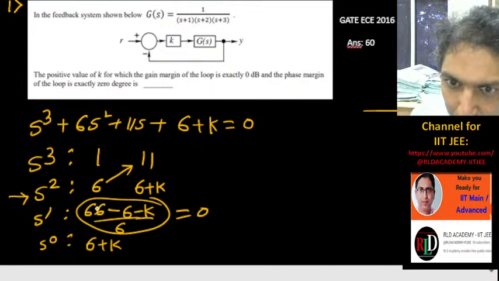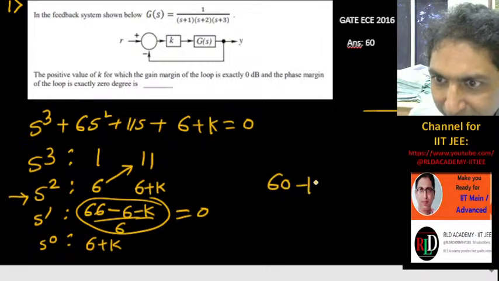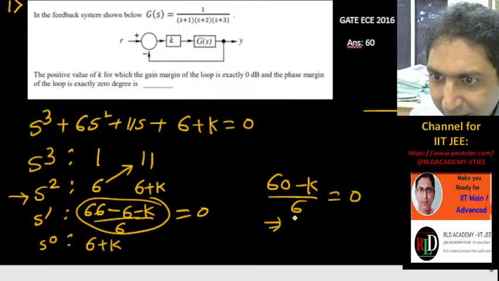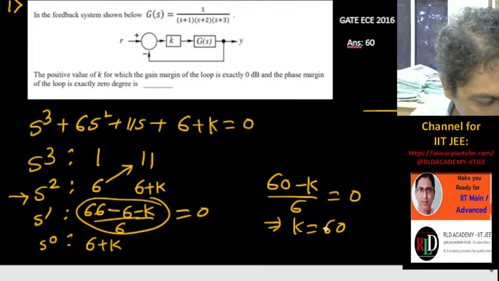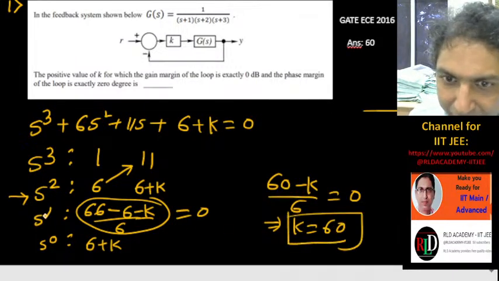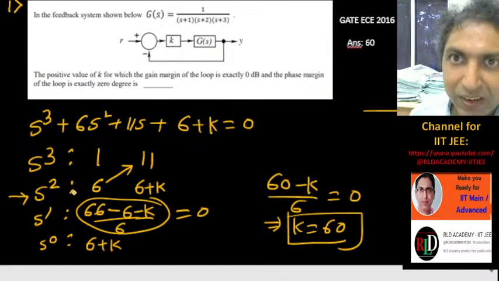So first I want to make this equal to 0. This is 60 minus K by 6 equals 0. That implies K equals 60. If K equals 60, then this element in S to the power 1 becomes 0, and it implies that the row above gives one auxiliary equation.